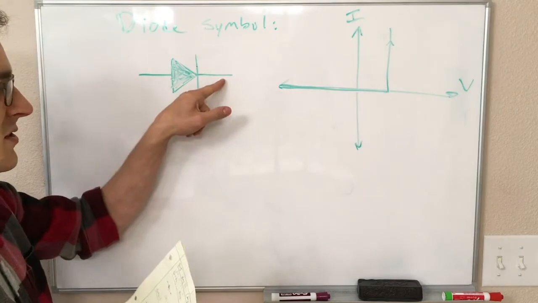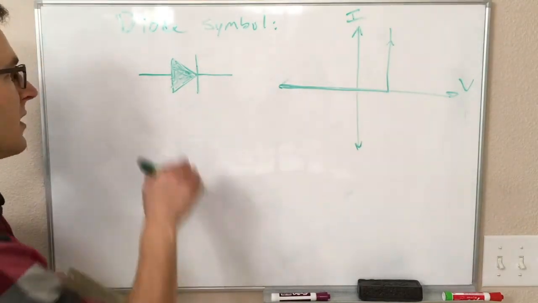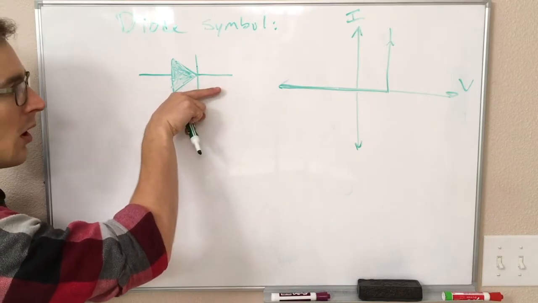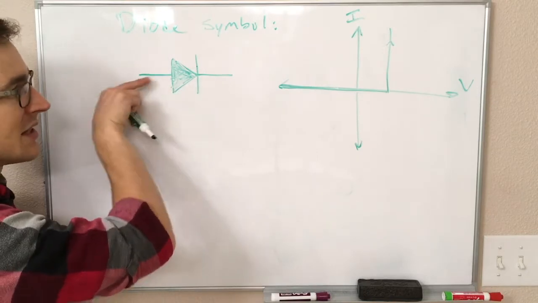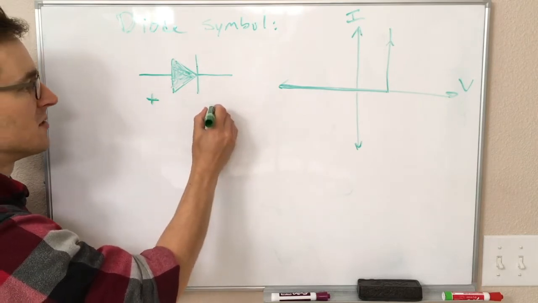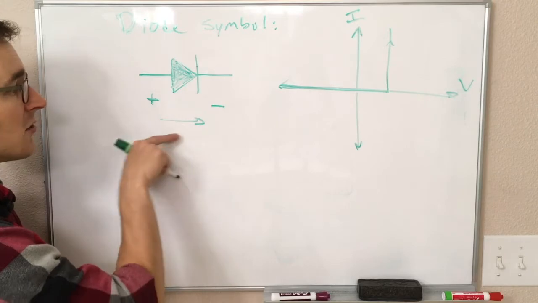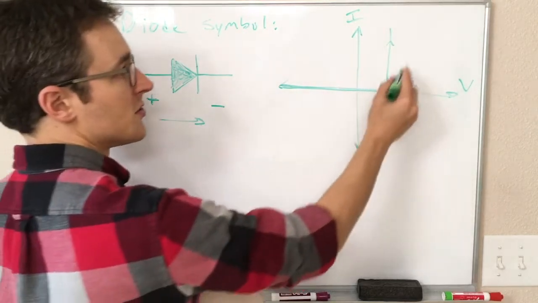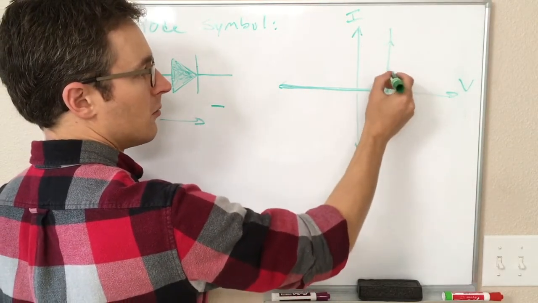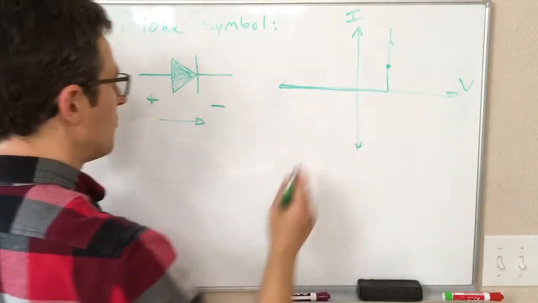If this end is higher than this end, is that being over here or over here? Well, we said if current flows this way, that is the easy direction. So that means if this is plus and this is minus, this is the direction that current's going to want to flow, and that is the direction that current is allowed to flow. So if we're conducting current, we're maybe somewhere like there, so we're at this positive voltage.